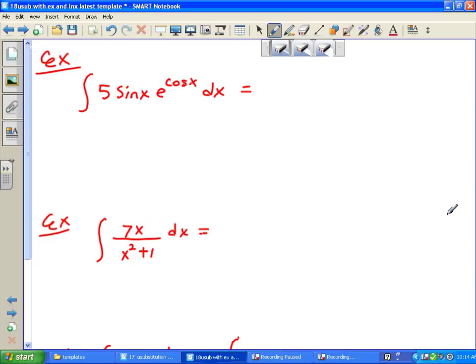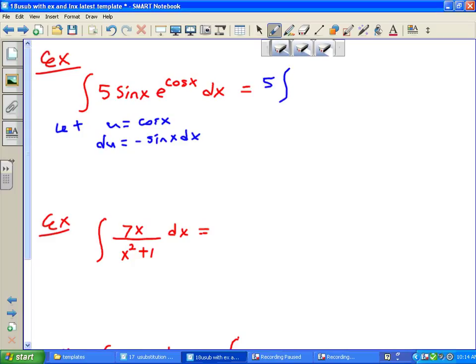So a good choice for you is cosine x, because this derivative is already in the given integrand. So I'm going to take out the 5 as usual, pulling out the constant.